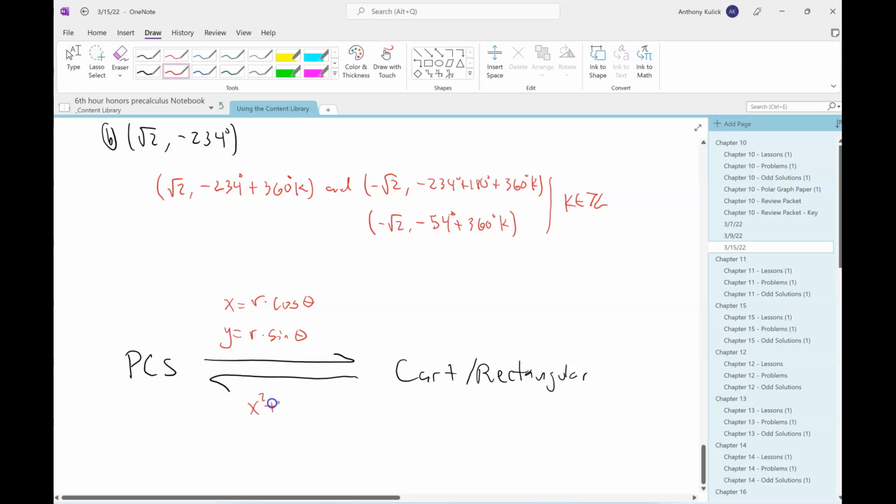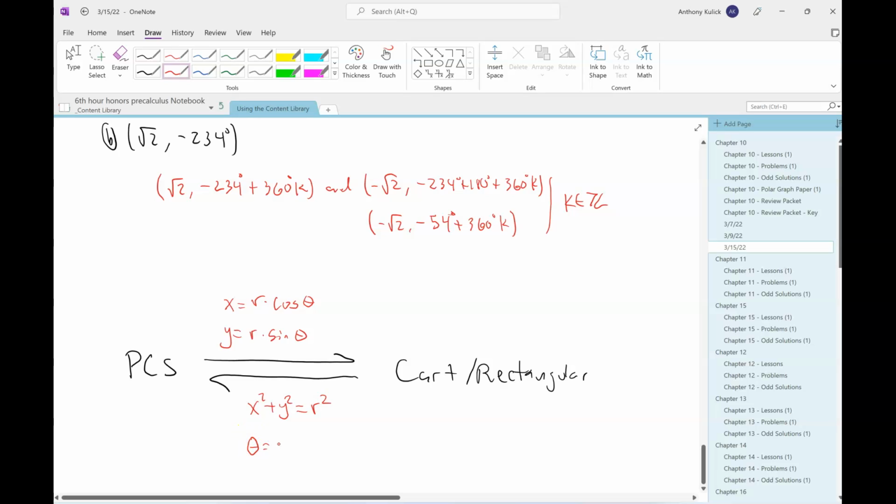To go from Cartesian to polar, we need to get r, which, since it's the radius of a circle and the x and y lie on that circle, is just the Pythagorean theorem. All right.